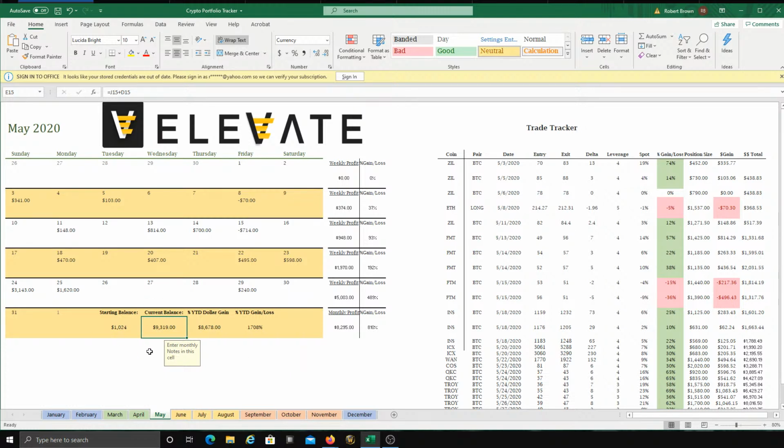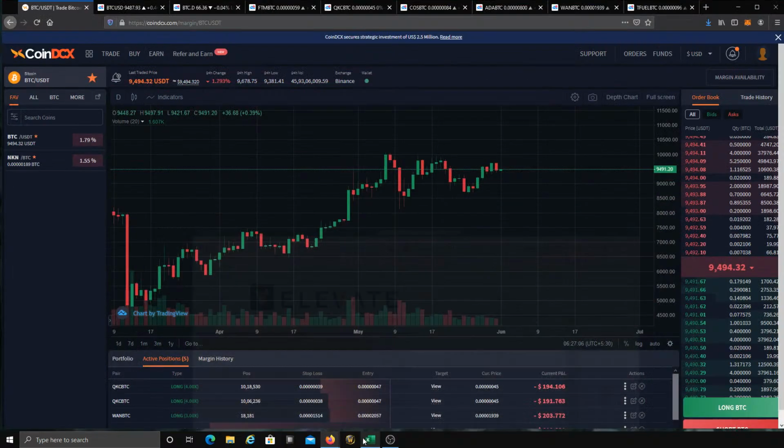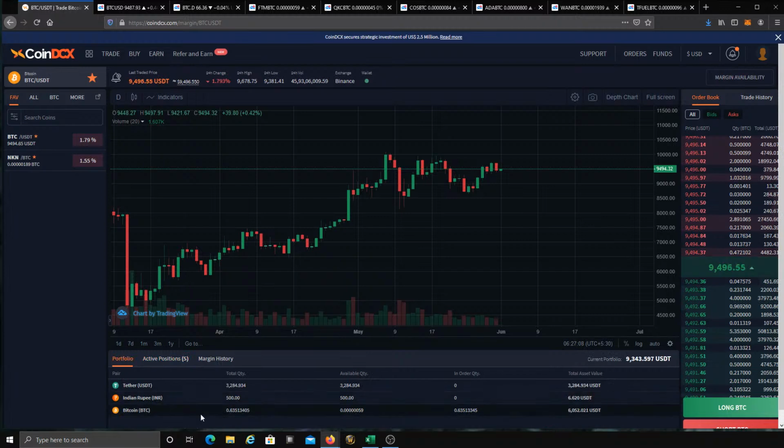My initial investment is out. I took some profit out, and now I would have $9,000 left, and then I can take half of that, put it into Tether where it's safe, or into a cold wallet where it's safe, and then I can just continue to scalp with the other half. That's kind of what I'm doing now.